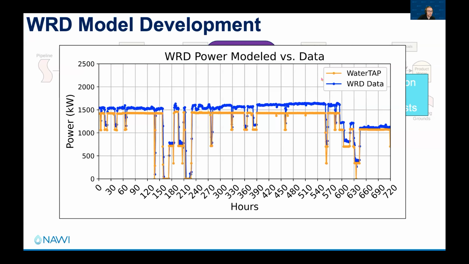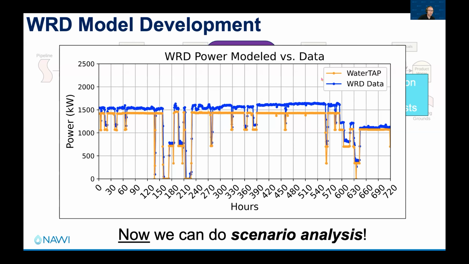We think that this could be because we're overestimating the efficiency of the motor or the VFD, which we did not have super great data for. So we made some assumptions there, or there could be some small parasitic loads in the data that we aren't accounting for in the WaterTAP model. But nevertheless, pretty close. And it's certainly useful enough to do some scenario analysis.